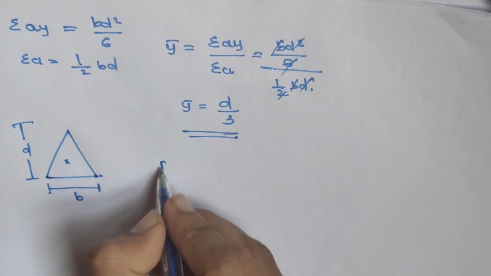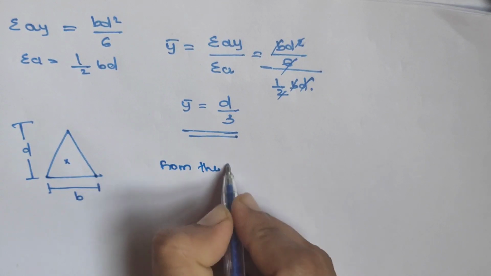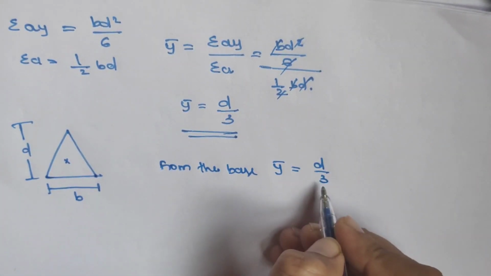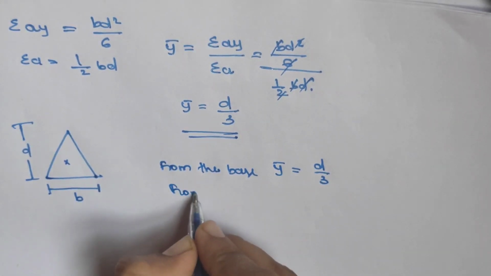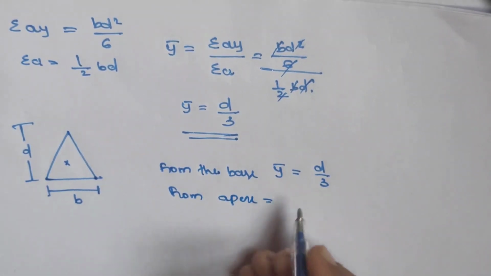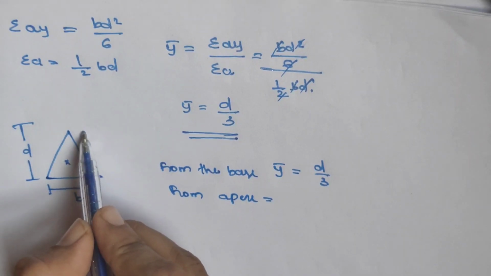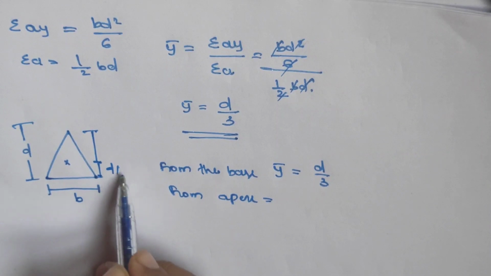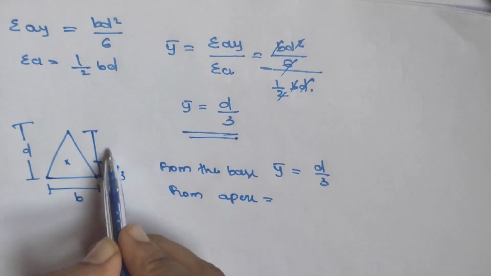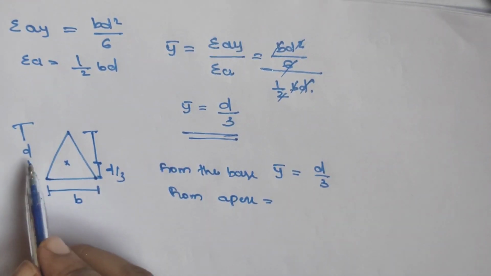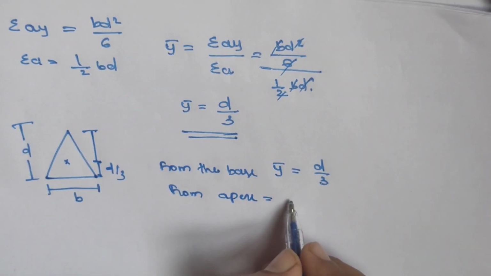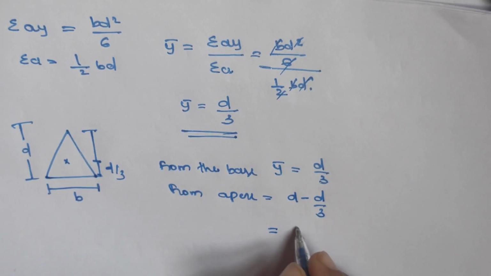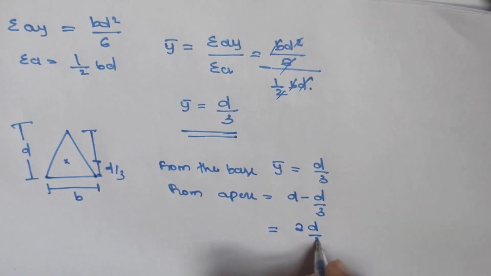From the apex, it is d minus d by 3, that will be 2d by 3.